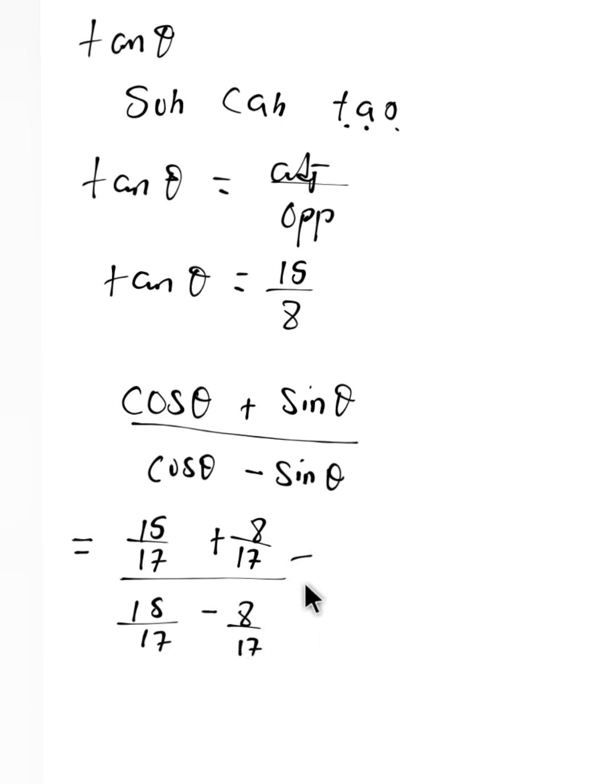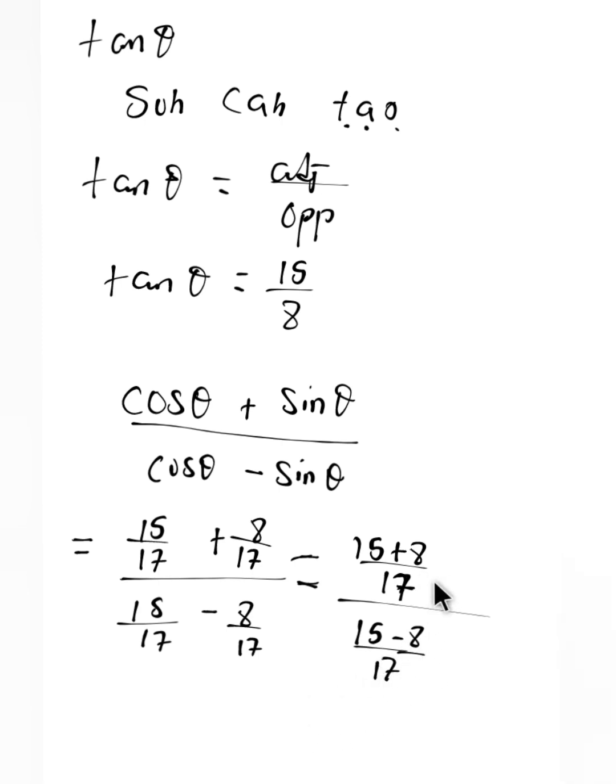It's a very simple equation since all the denominators are the same. So 15 over 17 plus 8 over 17 is 15 plus 8 over 17. Just follow. And 15 over 17 minus 8 over 17 is 15 minus 8 over 17.